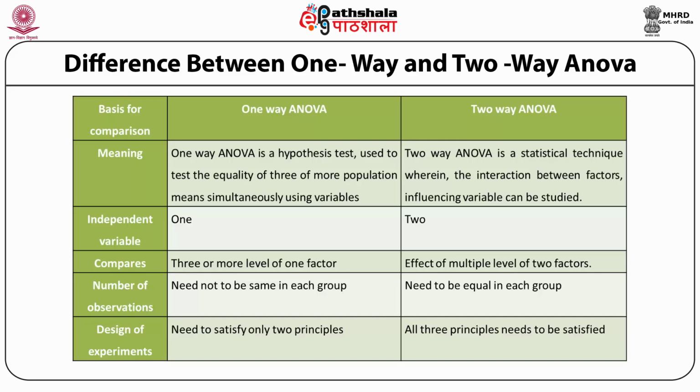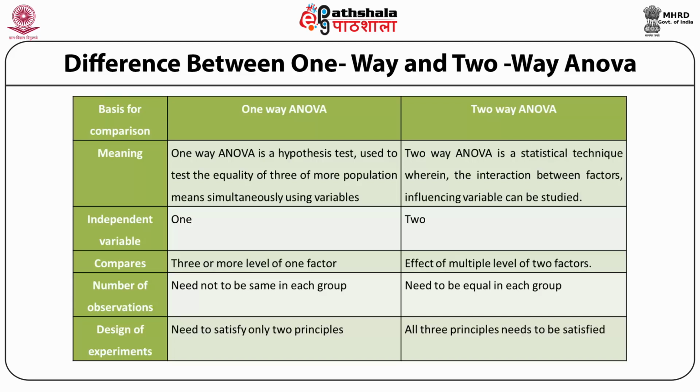So this is a two-way ANOVA. In one-way ANOVA, there are three or more levels of one factor, while in two-way ANOVA, the effect of multiple levels of two factors is studied.